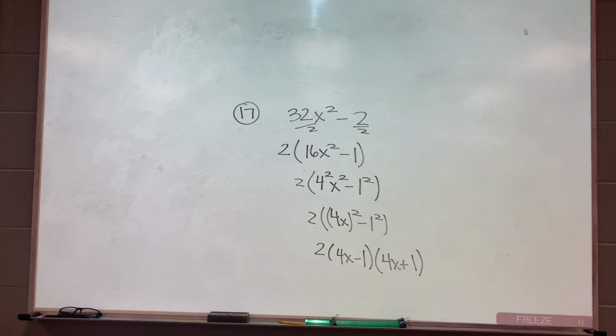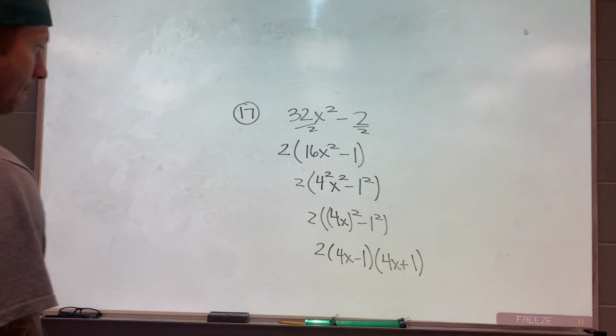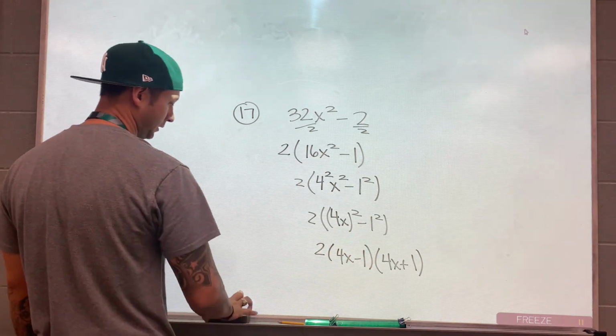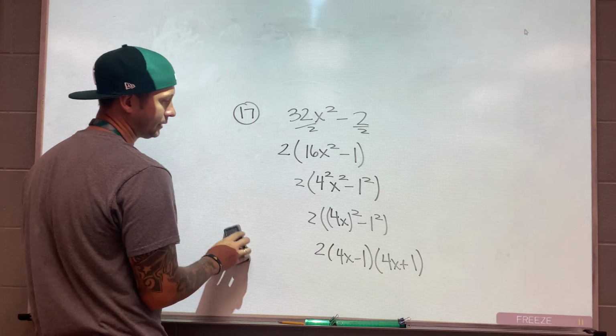Two, 4x minus 1, 4x plus 1. So the conjugates, right? Perfect squares, difference of squares, use the conjugates. The conjugate of these guys. All right, that was 17.